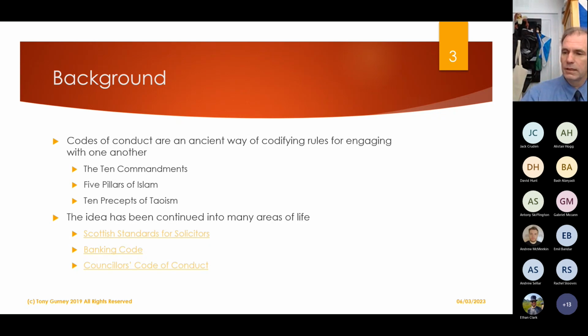Doctors take on their codes of conduct. They swear a Hippocratic oath to this day about what they can and can't do with a patient. Most of you will have heard the first line of that, first do no harm. And that kind of approach has continued.